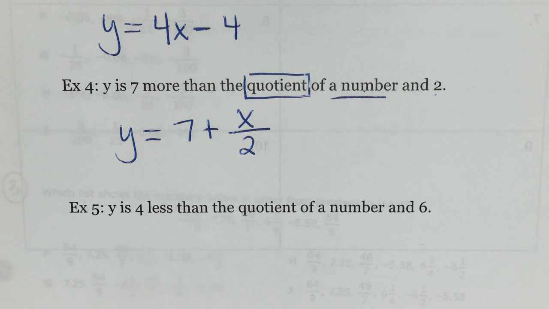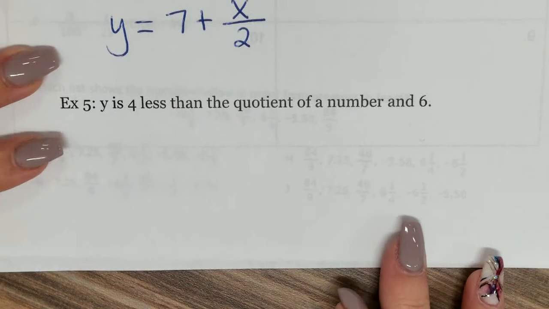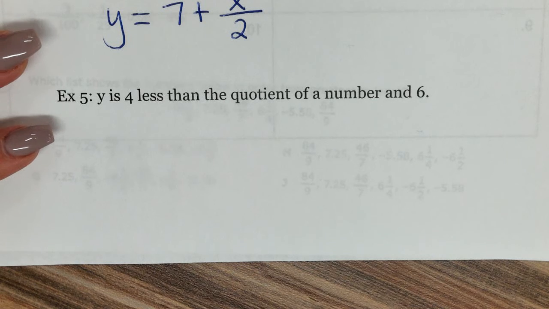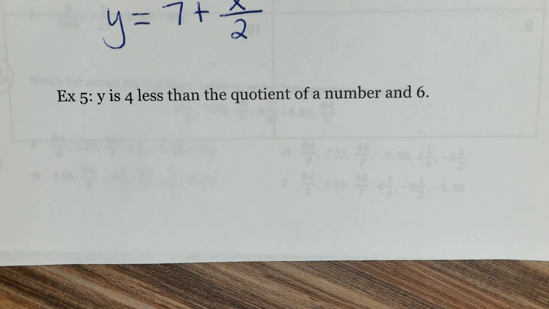Because they said it first. Y'all remember quotient now? On your assignment, it's either going to say quotient or product. Quotient means divide. Product means multiply. All right, you guys try the last one, and then you'll be on your own. See if you can write it.